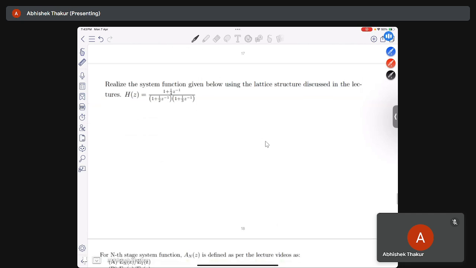Okay, so now we'll move on to the next question. Realize the system given below using the lattice structure as discussed in the lectures.